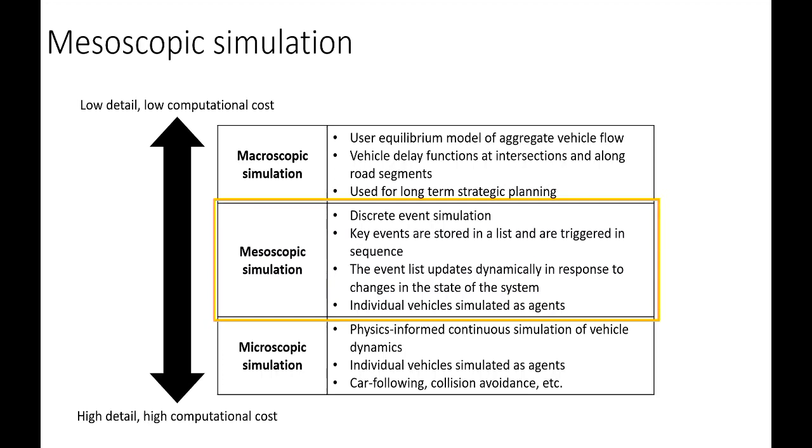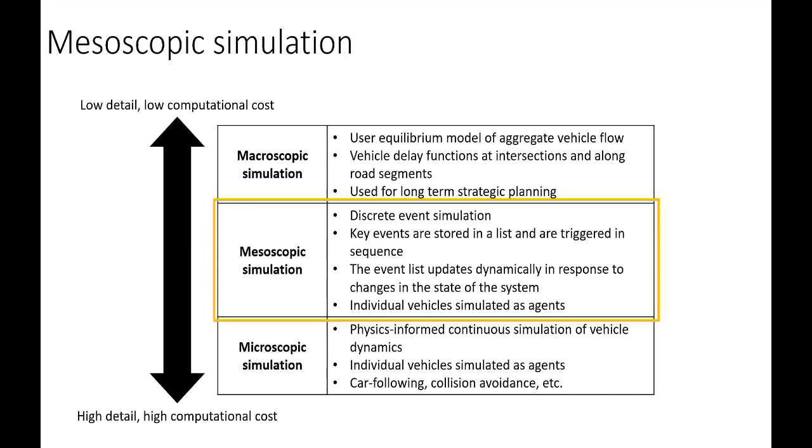An example of something like that might be that if vehicle A is ahead of vehicle B on a road segment, both of those vehicles will have an event that they leave the road segment. They just move further down the road. But if vehicle A is in front, vehicle B has to wait until vehicle A has left to then move down the road segment. Through this sort of dynamic mechanism, you can generate emergent phenomena.